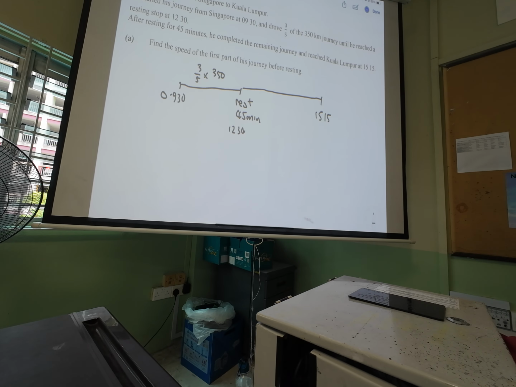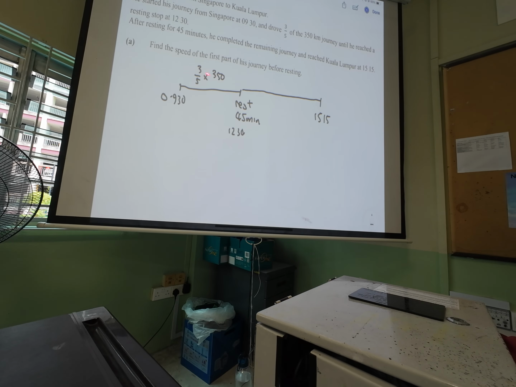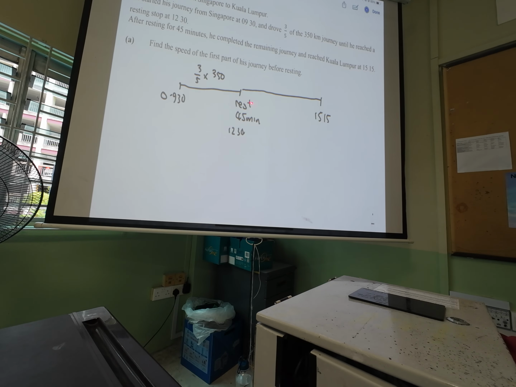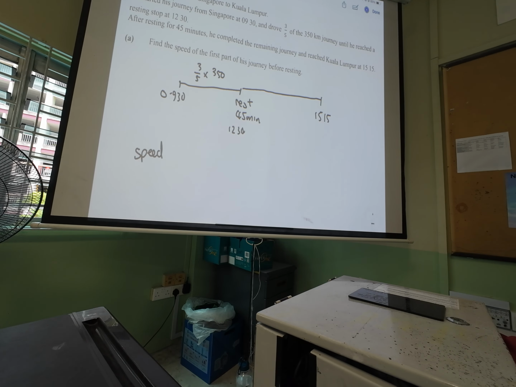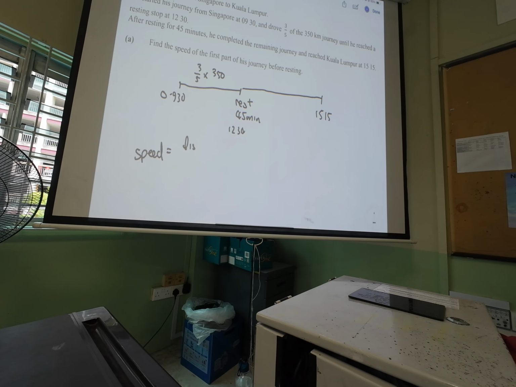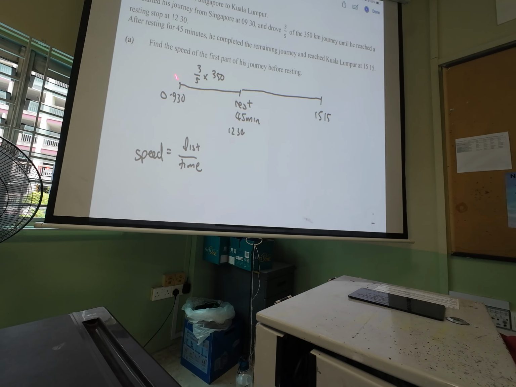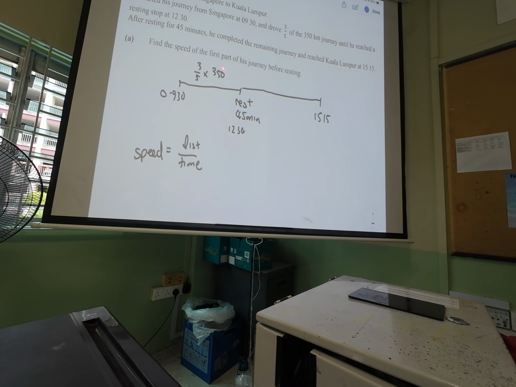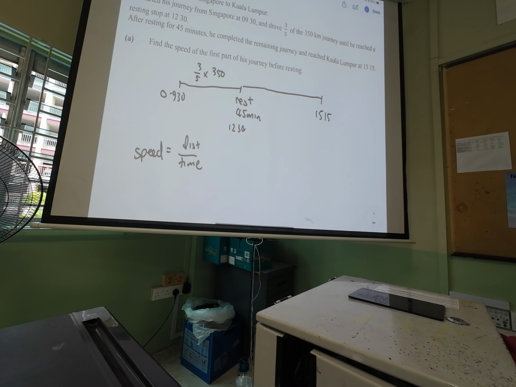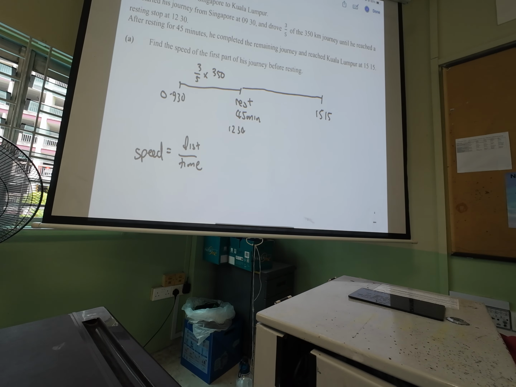So, speed of the first part, I know the distance is this amount. I know how long he took. Then we must be able to link speed equals distance divided by time. And this one is only referring to the first part of the journey. So the distance is 3/5 times 350.